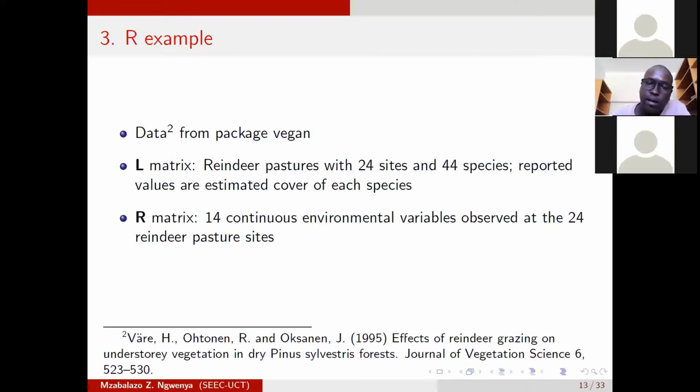You can also have categorical variables, maybe land classes or something of the sort. So constrained ordination accepts both continuous environmental variables and categorical variables or factors. But here our example only has continuous variables.